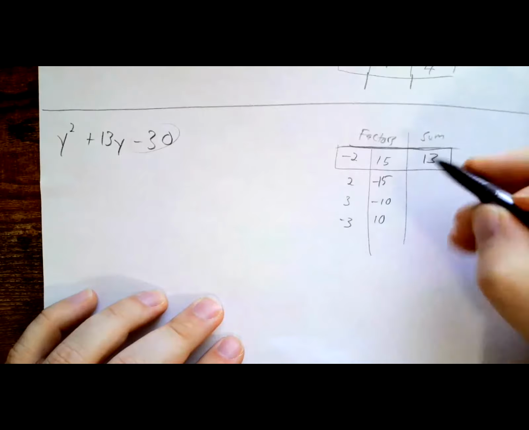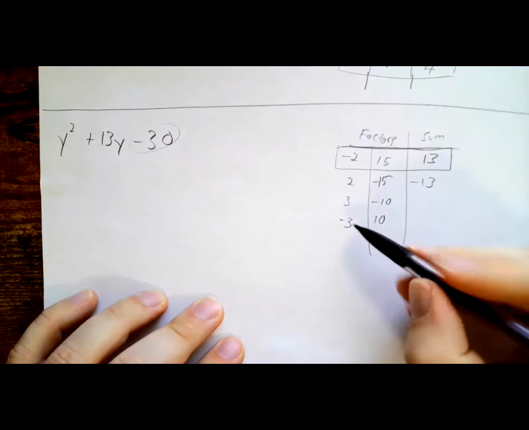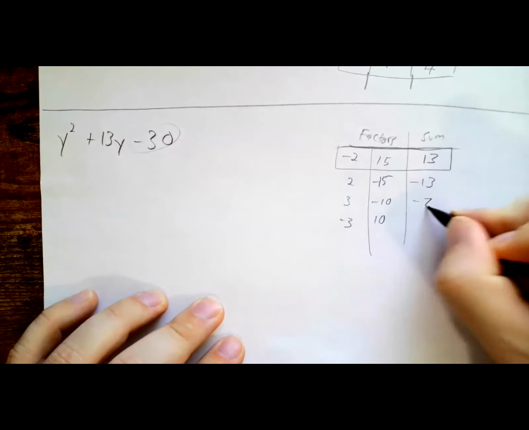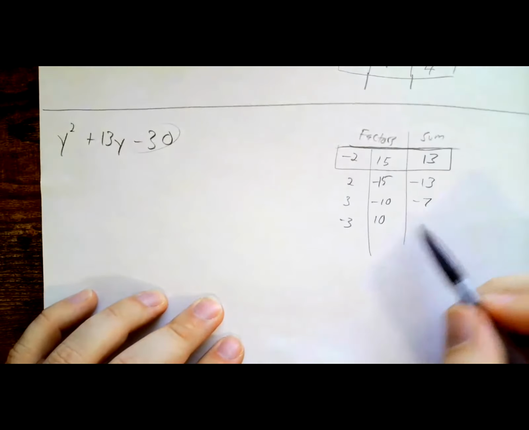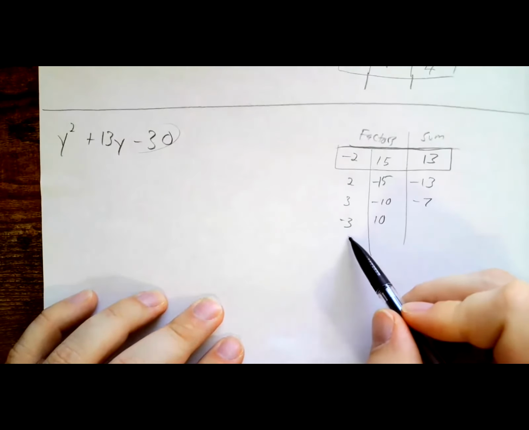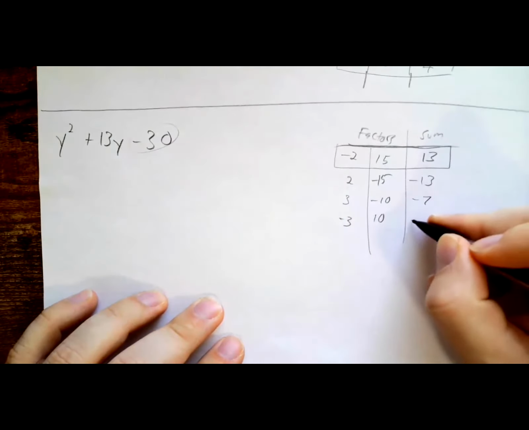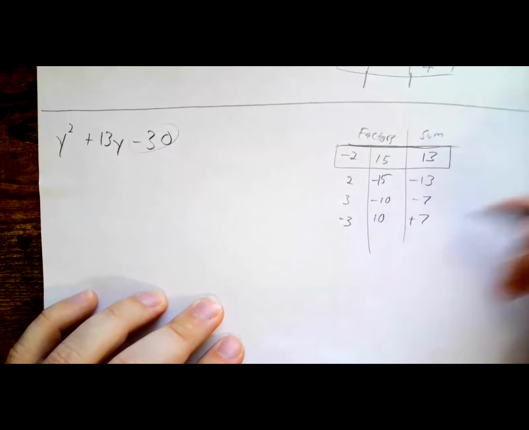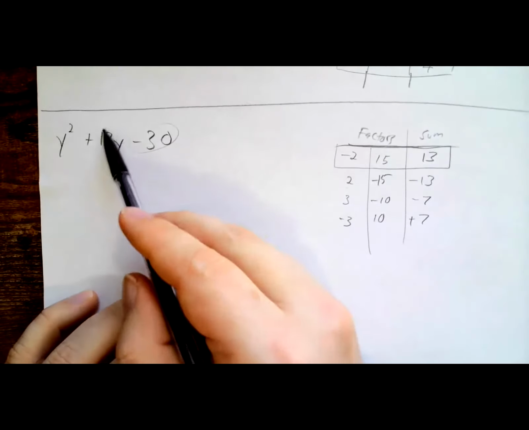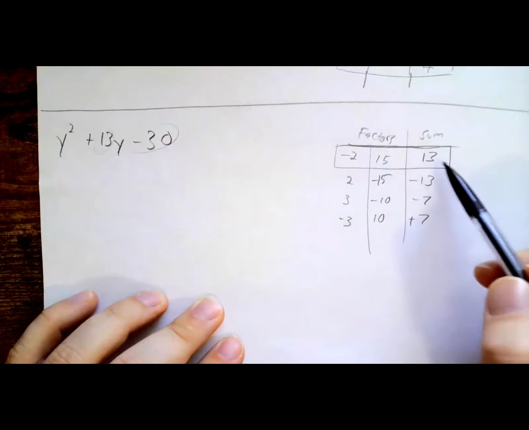Like 2 and negative 15 is minus 13, which won't work. 3 and negative 10 is minus 7, which won't work. Negative 3 and 10 is plus 7, but it doesn't work. It's not equal to 13. This is the one that gives you 13.